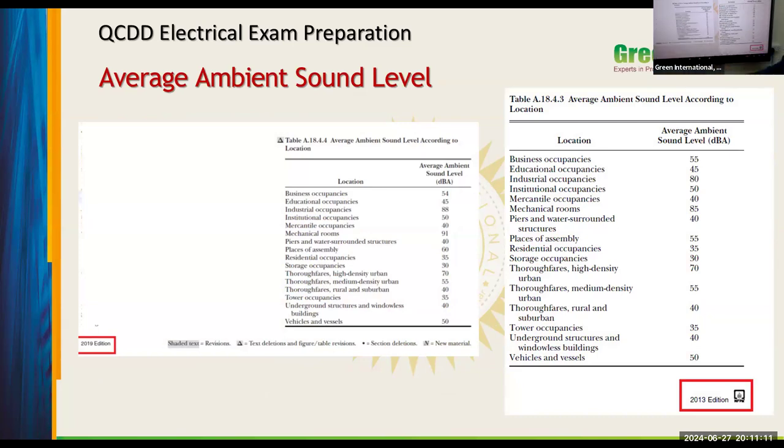Average ambient level: on average, for business occupancy, the ambient sound level is 55 decibels in the 2013 edition. But right now we are going for the 2019 edition, the latest edition, and they mention 54. So the right answer is 54, not 55.